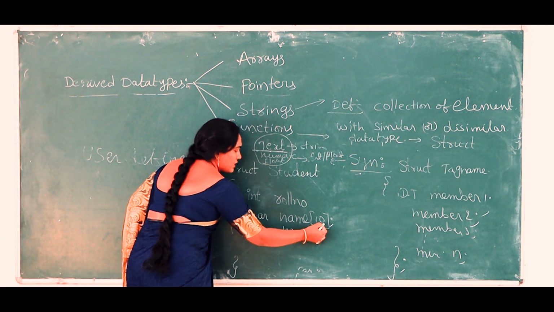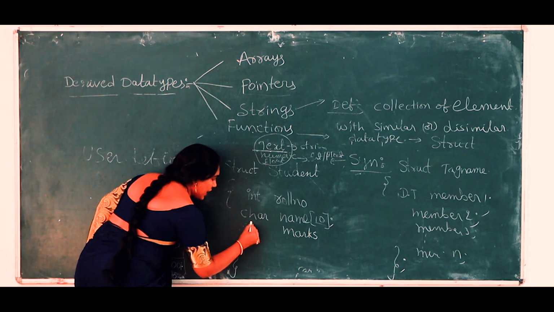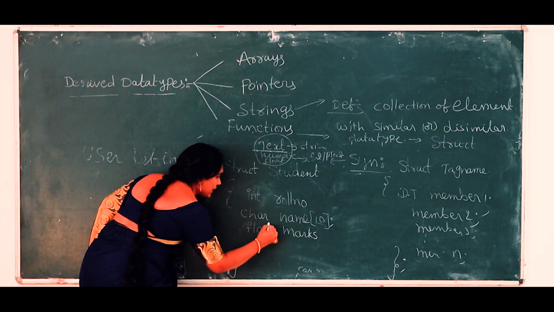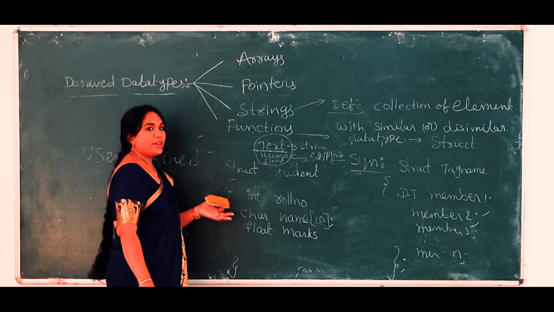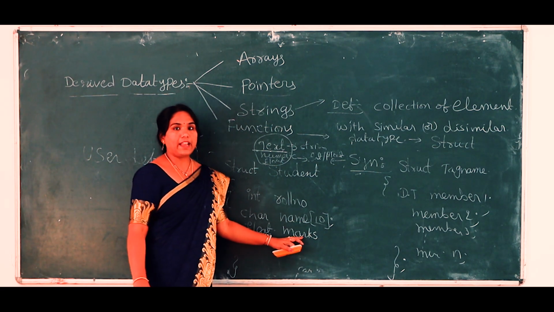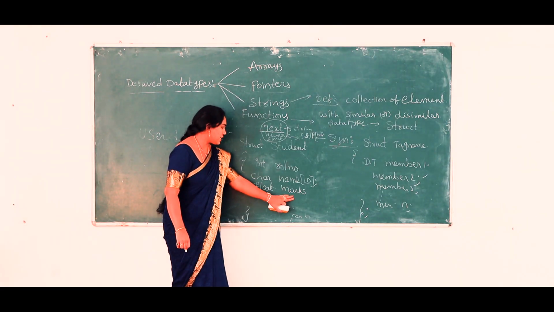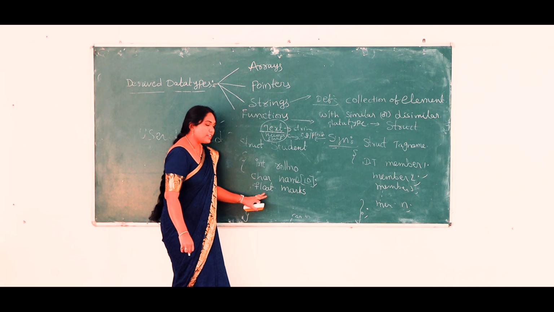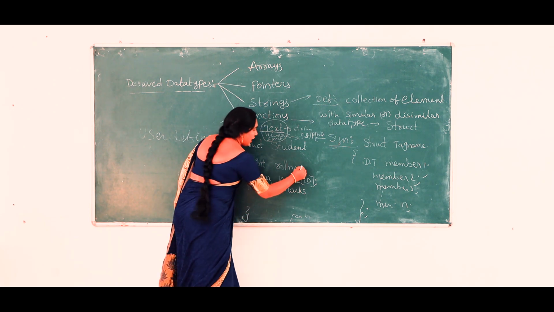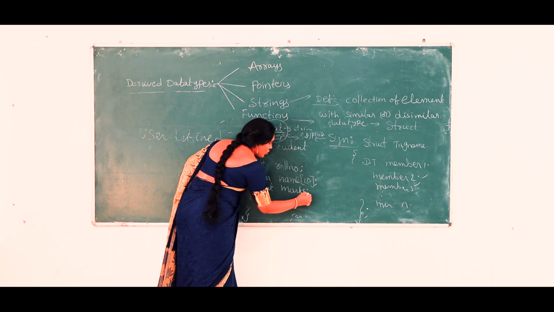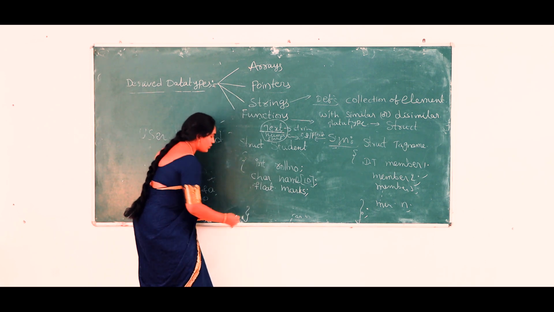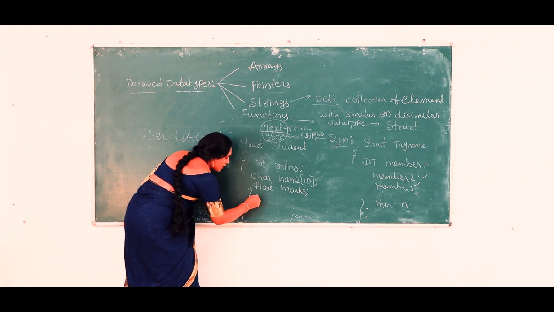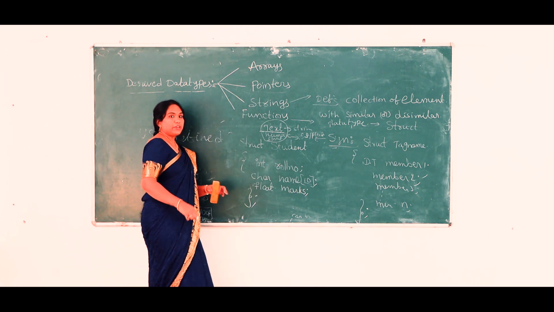This is our choice, the size of the array. And the next one is marks. Maybe the student has marks in decimal values. Because of that I took the data type of marks as float. Okay, and keep semicolons after all the members. And now you can close the braces and give the semicolon.